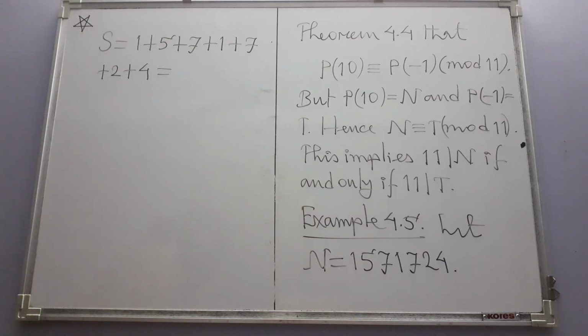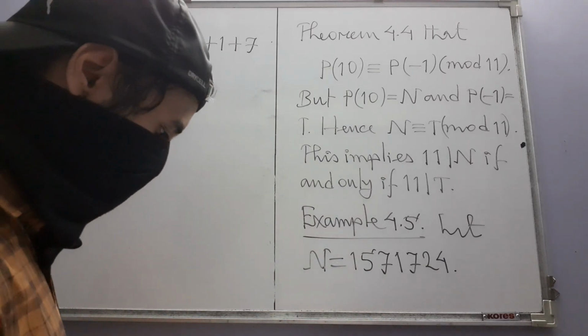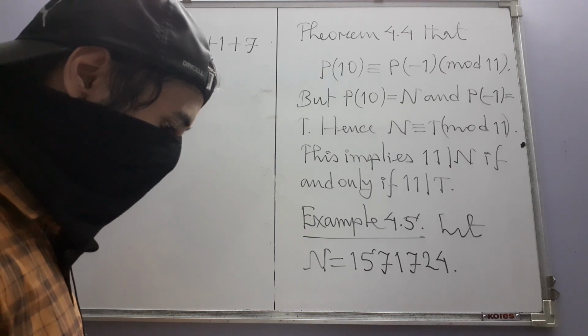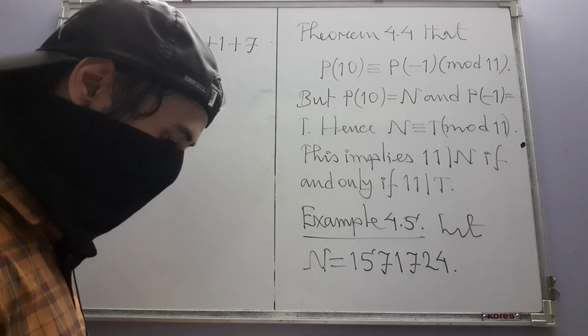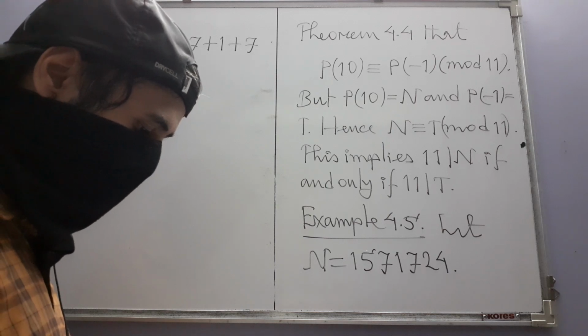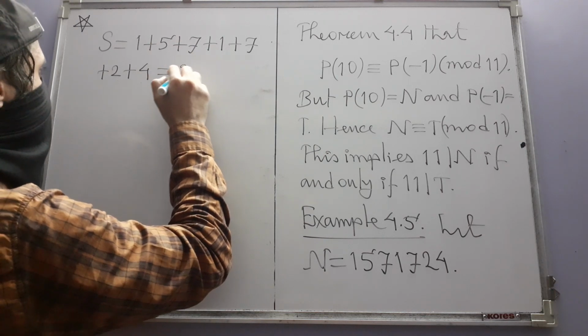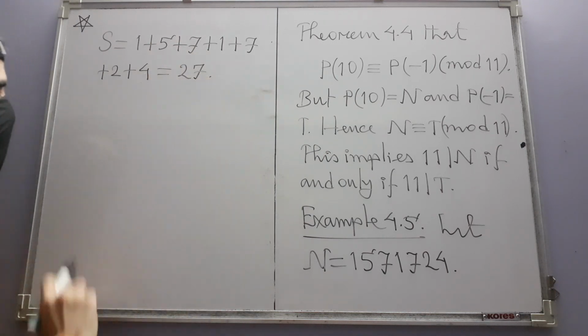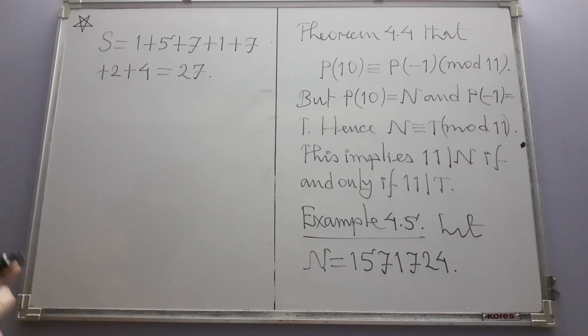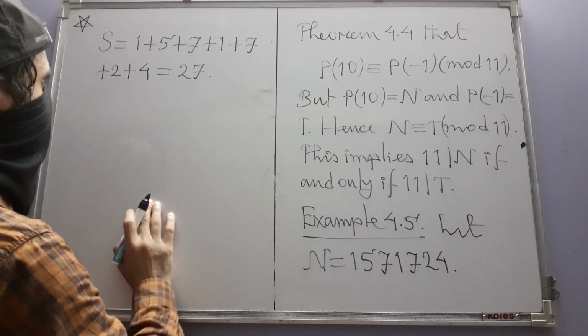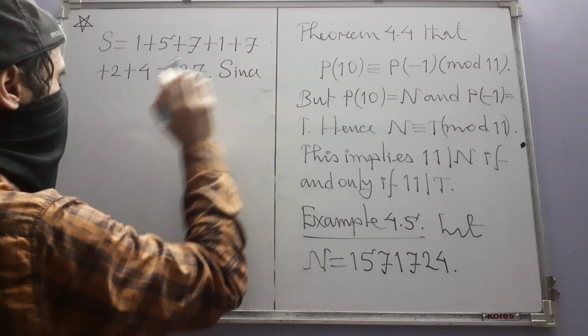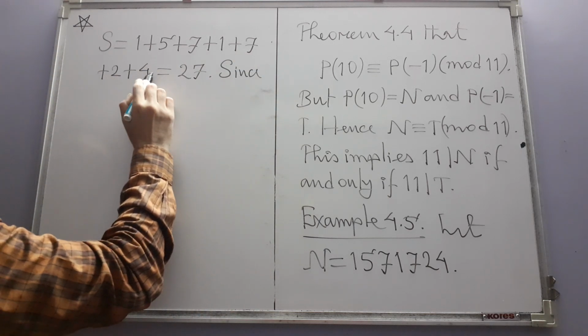Did I take it down wrongly? 1571724. Okay. Oh, okay. Yes, I was adding wrongly mentally. You know how bad I am at this, right? So this is 27, since I was thinking of 4 here but adding only 2.